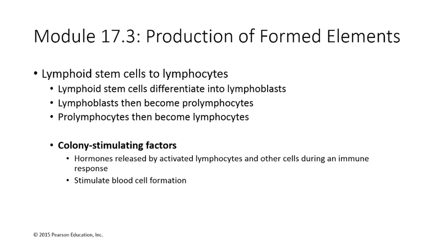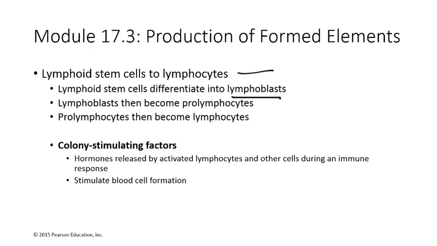Now there's a progression that occurs, and I just want you to recognize the major idea here, not to dwell on each of the intermediates. But the lymphoid stem cells will eventually become lymphocytes, and they first go through lymphoblasts. That makes sense. These are going to form the lymphocytes.